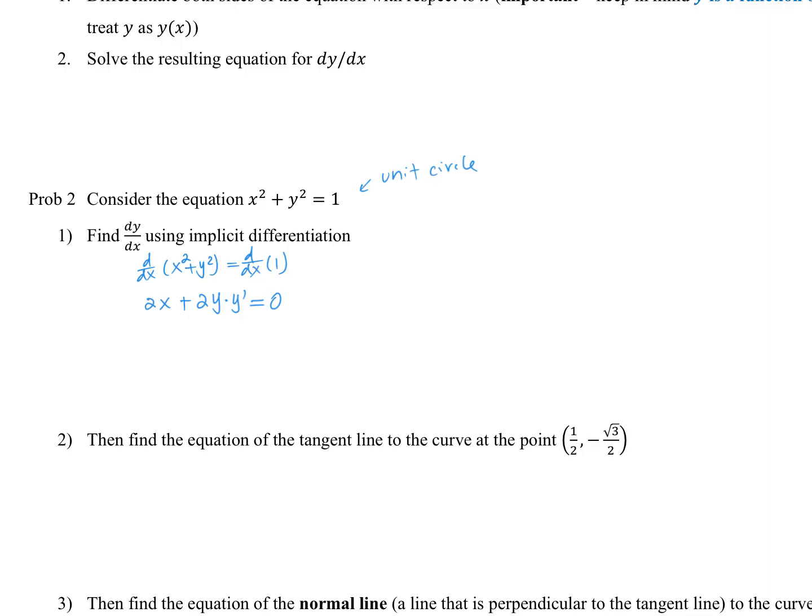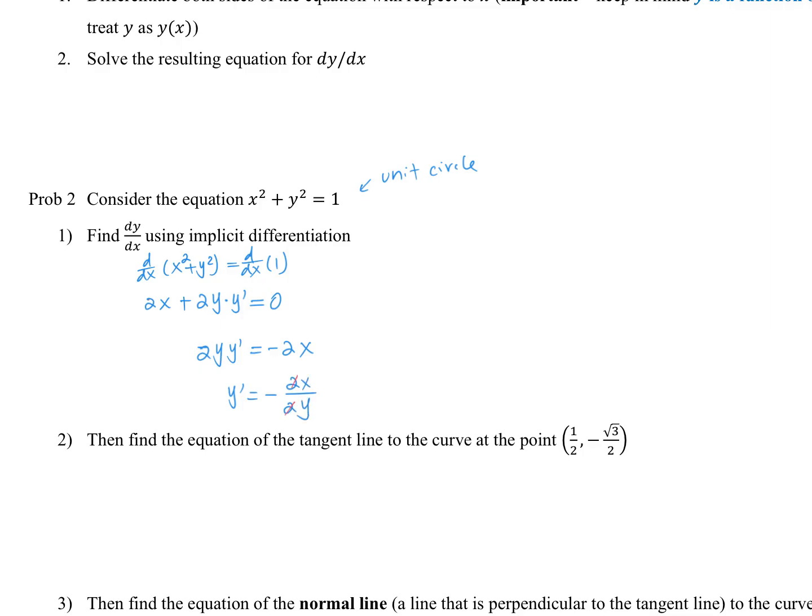So we've done the first step. The second step is just to solve for y prime, and we are going to isolate this variable term. So 2y prime equals negative 2x. Subtract 2x from both sides. And then finally, y prime is equal to negative 2x over 2y.